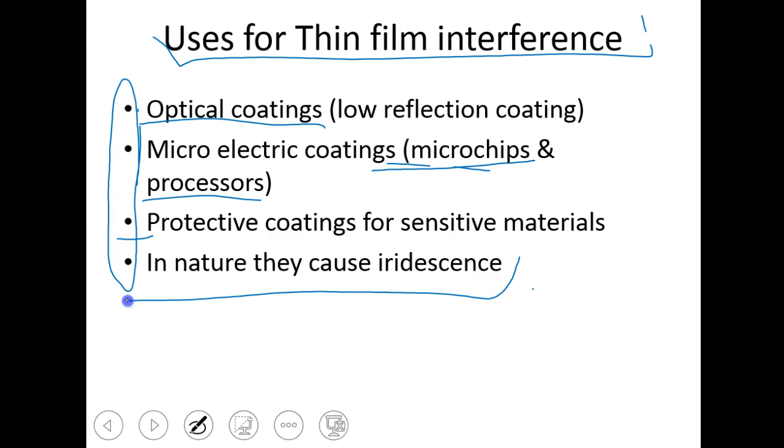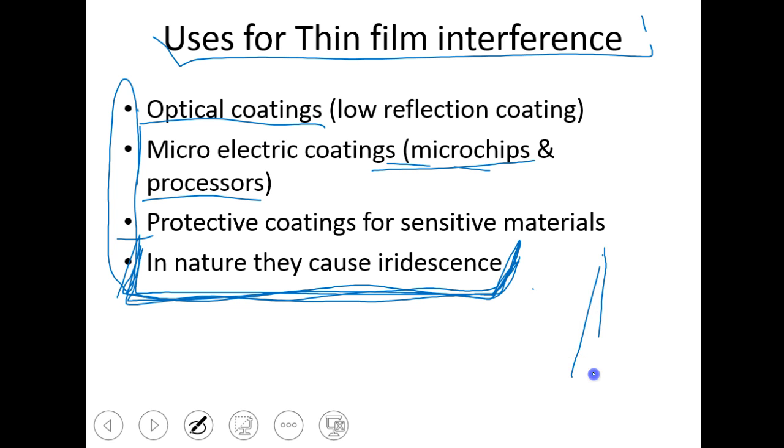And then in nature, this is a natural thing to produce iridescence. This word iridescence means a shifting of colors. Bird feathers, we see this a lot: the individual hairs of a feather are very, very thin, and they get light interference off the front and light interference off the back, so that as you change angles, you actually see this rainbow color.